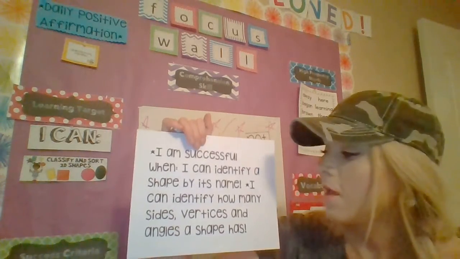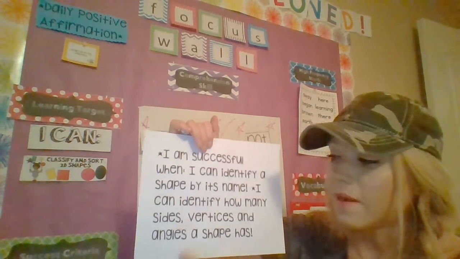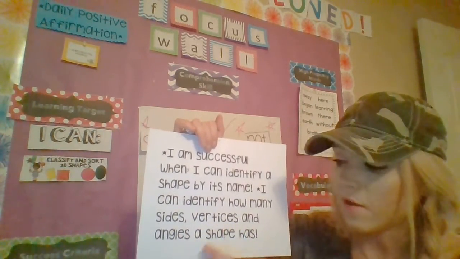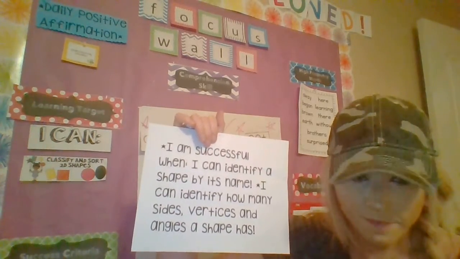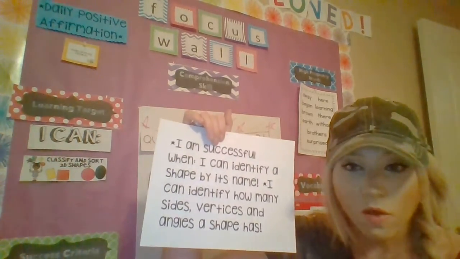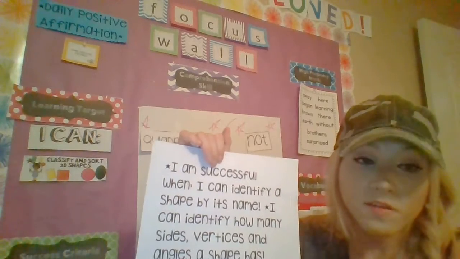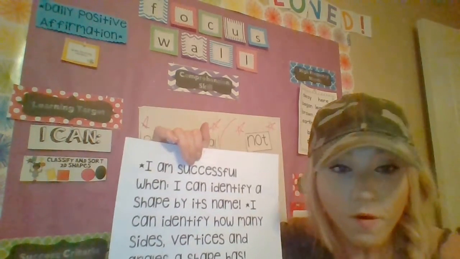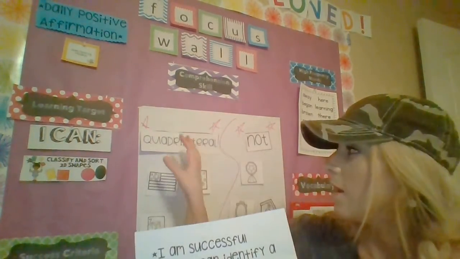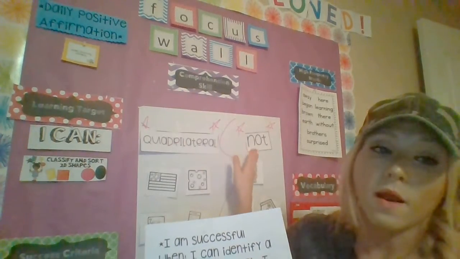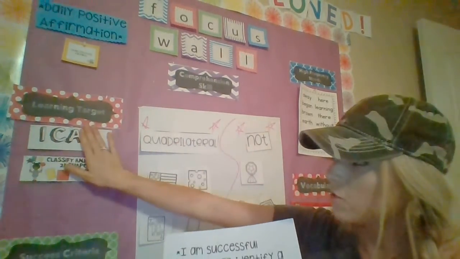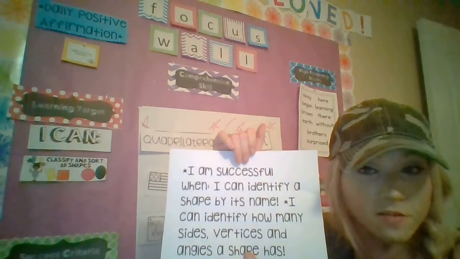Yes, we did. Did we find out how many sides, vertices, and angles each shape had before we sorted them? Yes, that's how we knew if each shape had 4 sides, 4 vertices, 4 angles or not to put in the quadrilateral group or not. So we reached our goal. We used our success criteria. We are good to go.